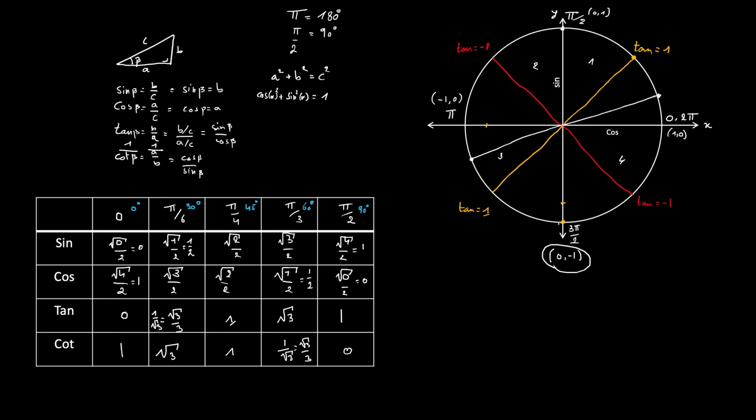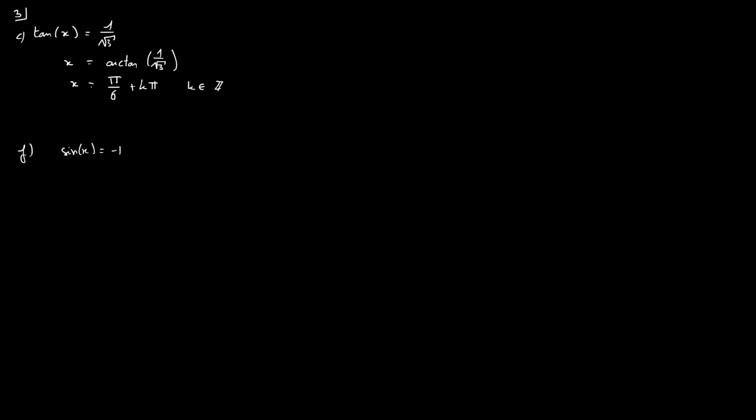Well, the 2 answers over here actually overlap. So it's going to be at 3 pi over 2, or you could say, using different notation, the inverse sine of -1, x is equal to 3 pi over 2 plus 2k pi, k an element of Z. Okay, so that's for F.